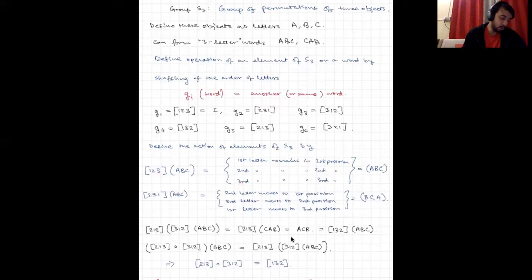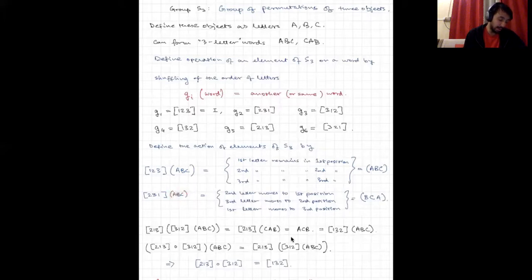If I were to do 2, 3, 1 on ABC, what does that mean? Here, 1, 2, 3 on ABC is just going to give you ABC. This is the identity. 2, 3, 1 on ABC means that your second letter has moved to the first position, the third letter has moved to the second position, and the first letter has moved to the third position.